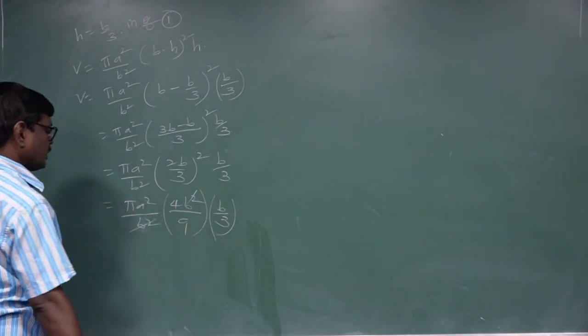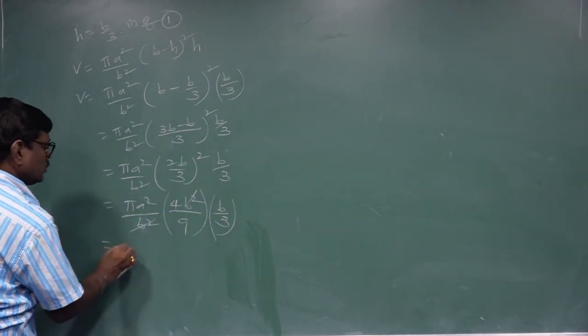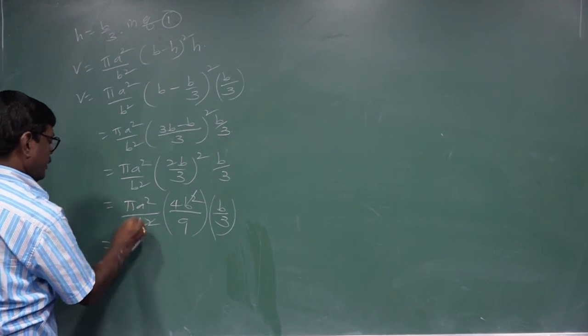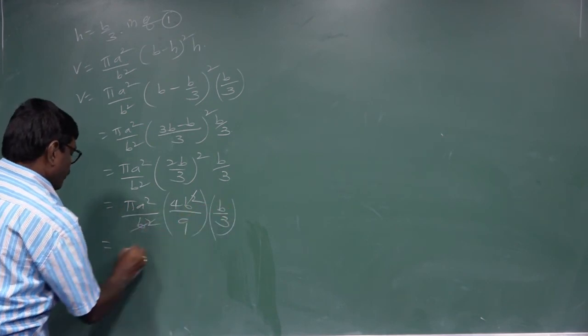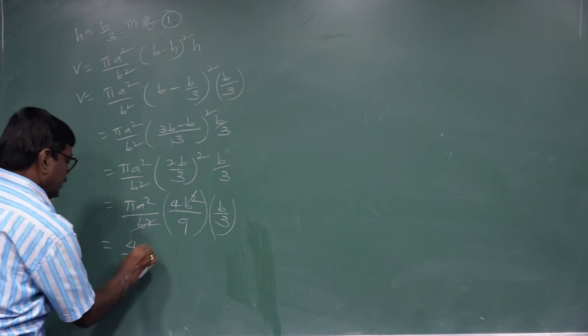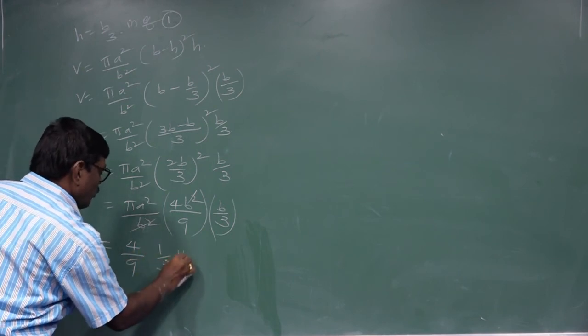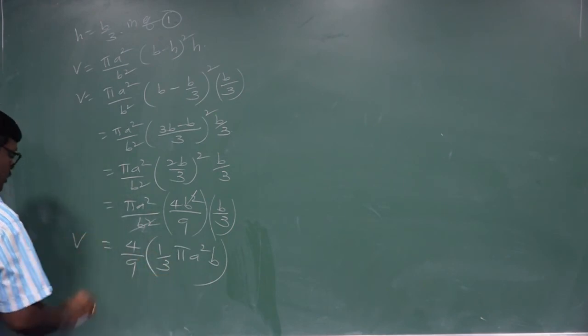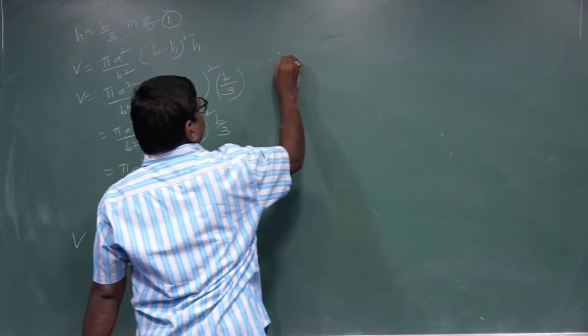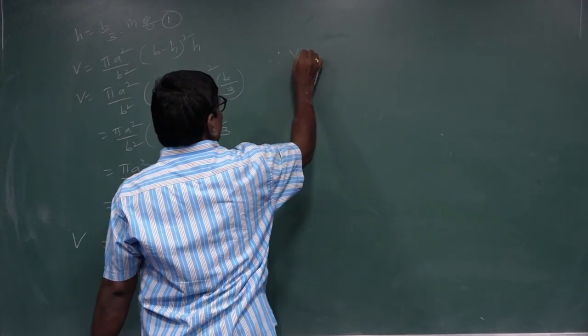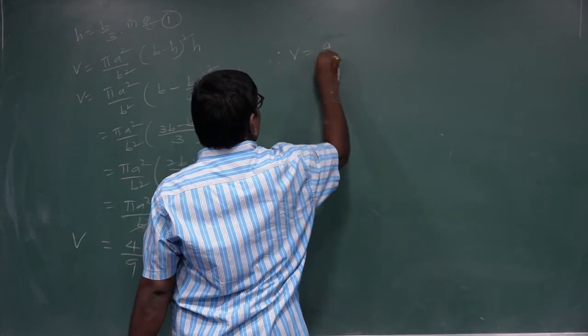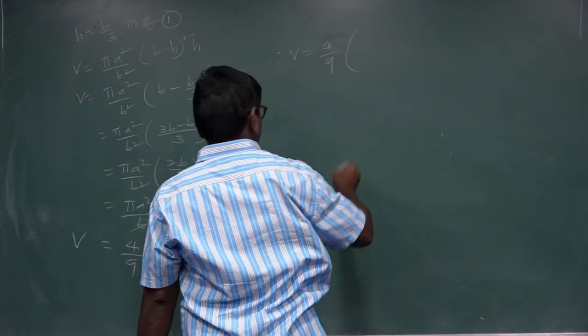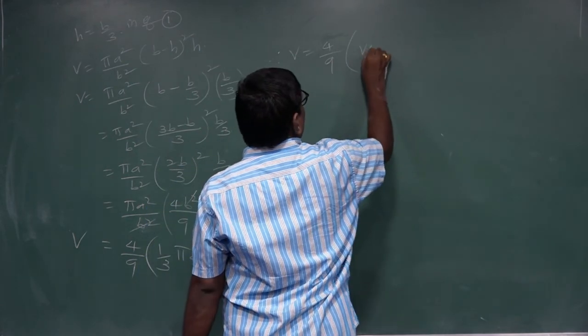B square cancels, so equal to 4 by 9 into 1 by 3 pi A square B. This V is equal to 4 by 9 into the volume of the cone.